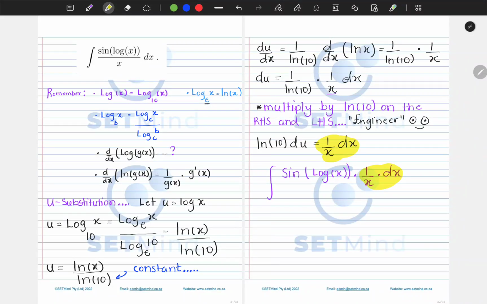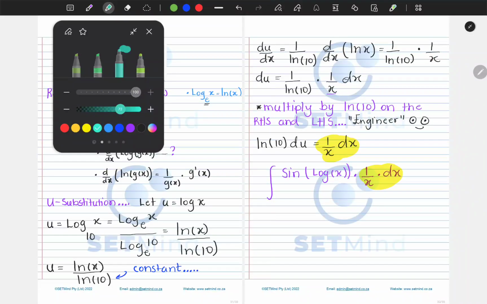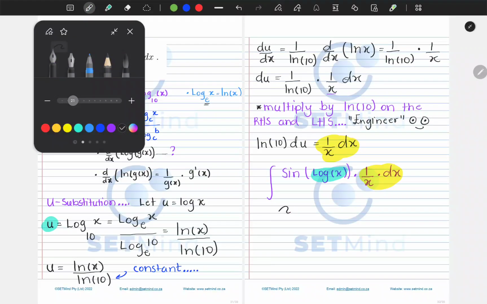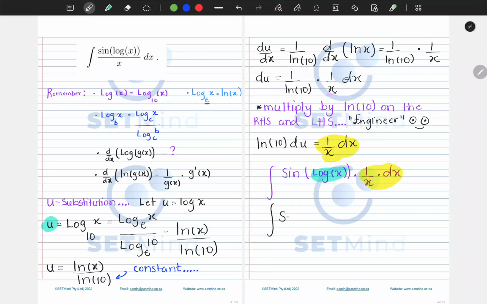Okay, but what we also know is that this log here is the same as our u. So this means now our problem is just purely in terms of u. So we now have sine of u and then multiplied by ln of 10 du, of which that ln we can pull out. So we'll have ln of 10 and then we are integrating sine of u du.